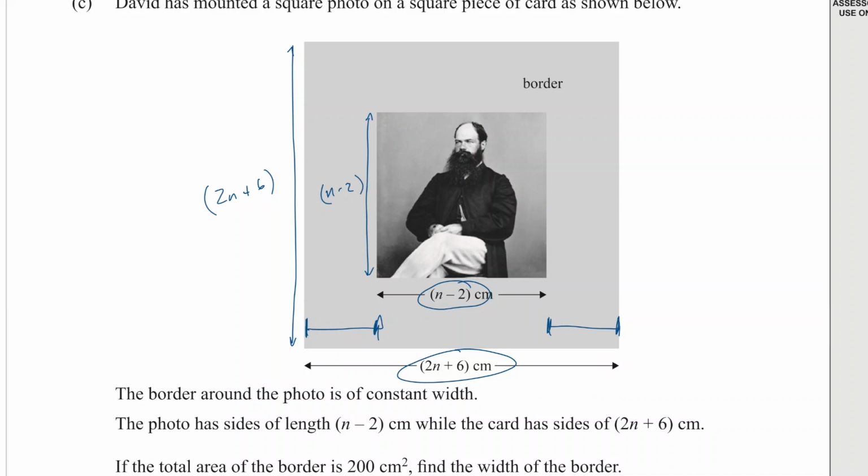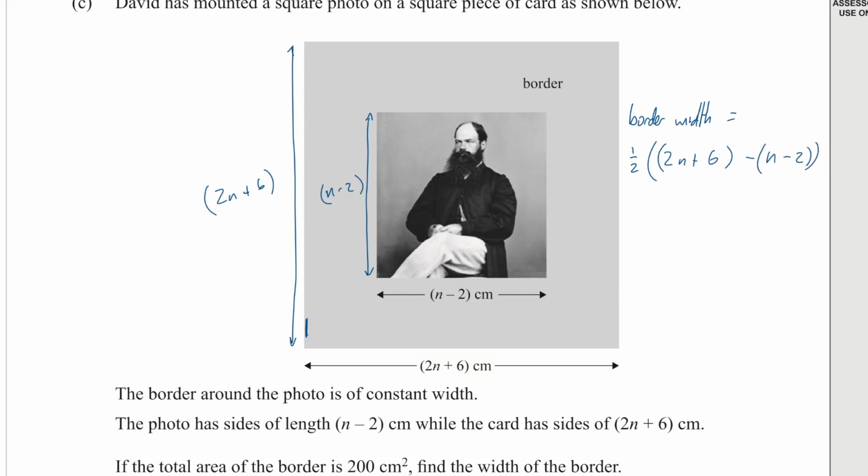So let's put that as an expression. So the border width is equal to half of the card width minus the photo width. Right?